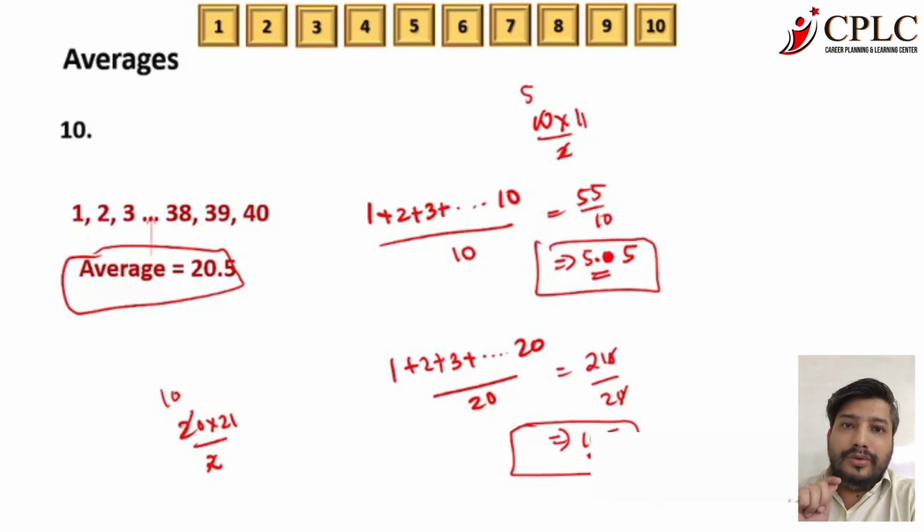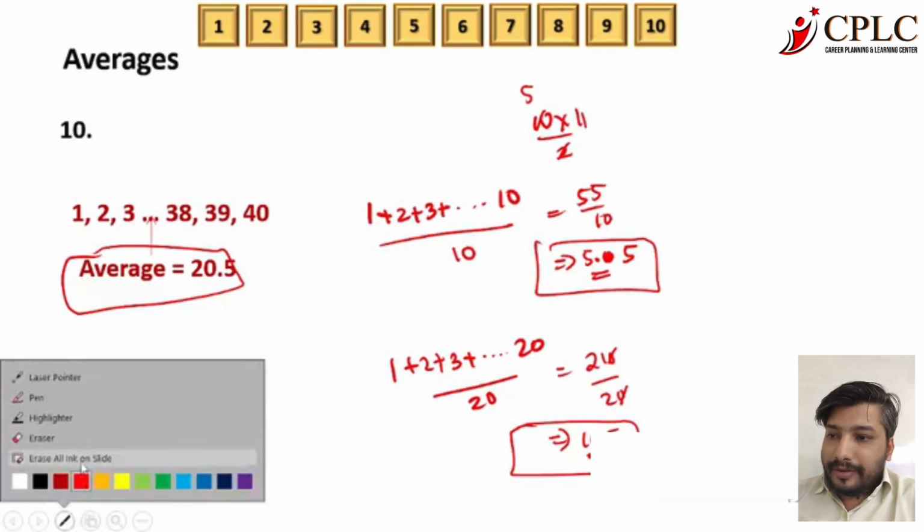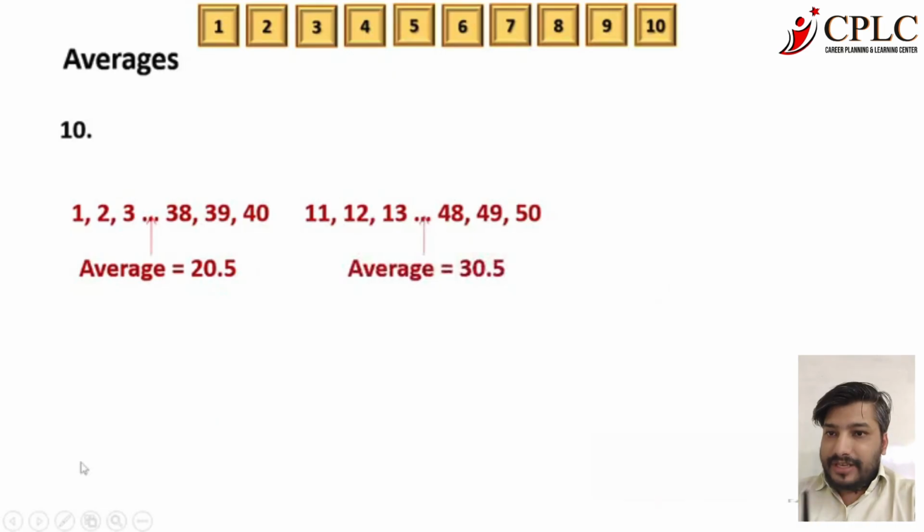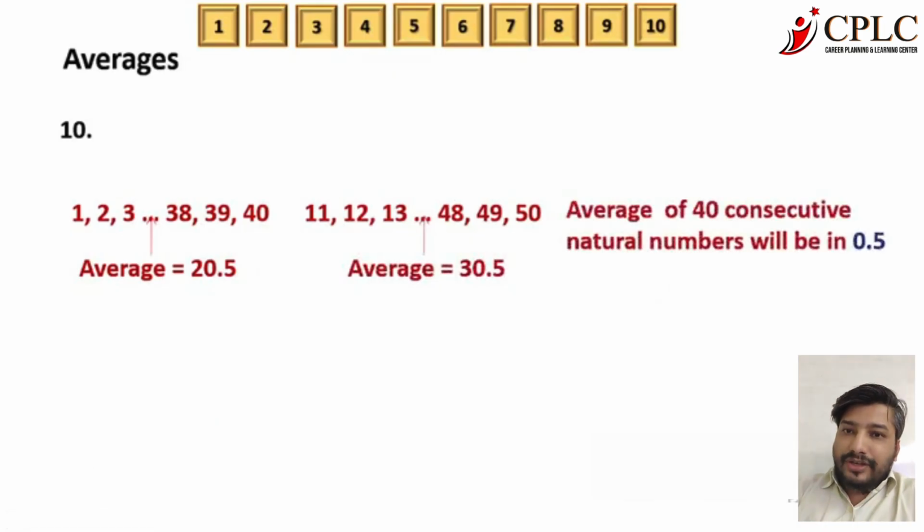This is what you need to remember. If your total number of terms are even, like 10 numbers, 20 numbers, 30 numbers and so forth, this is the property that you need to remember. So same way, the average of 40 natural numbers, or an even count of natural numbers, ends in 0.5 basically.